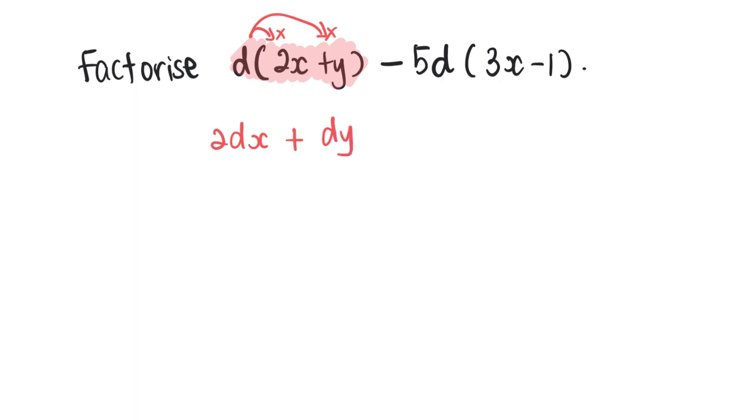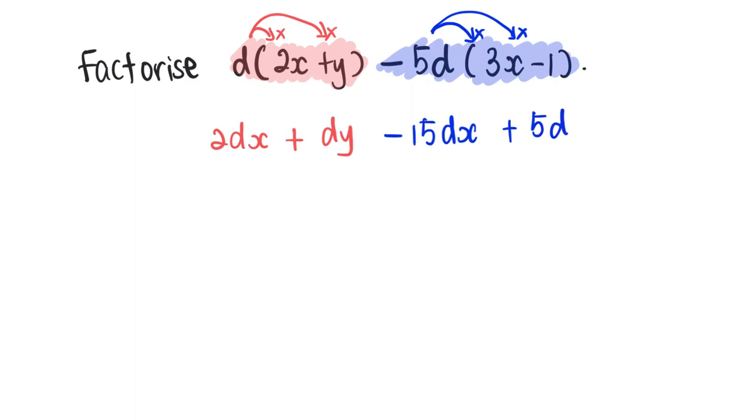I am also going to expand and simplify the other part of this expression. Negative 5d times positive 3x, negative 15dx, negative 5d multiplied by negative 1, positive 5d.